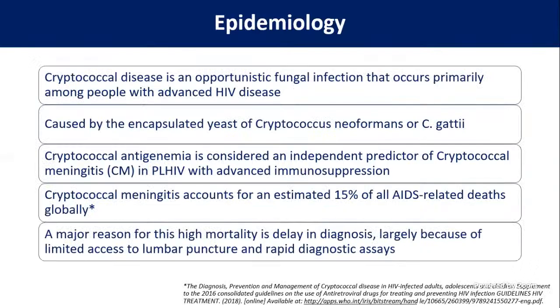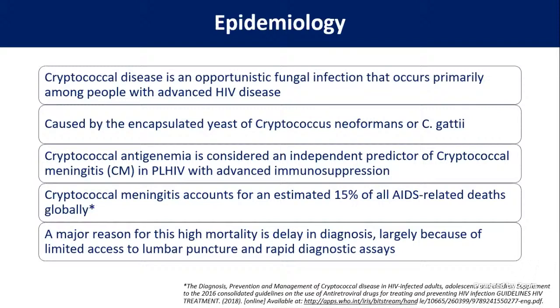So cryptococcal disease, of which cryptococcal meningitis is one of the manifestations, is an opportunistic infection that occurs primarily among people living with HIV who have advanced HIV disease. It is caused by an encapsulated yeast called Cryptococcus neoformans, or some other forms such as Cryptococcus gattii.